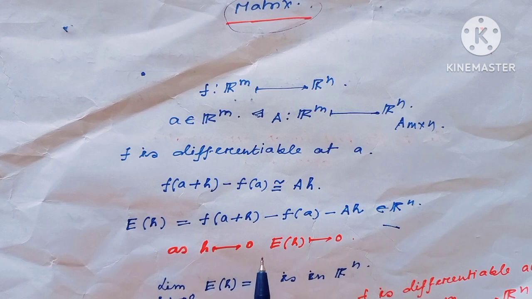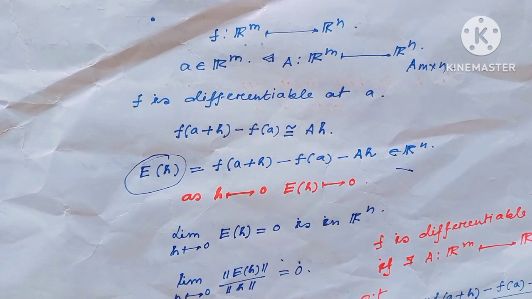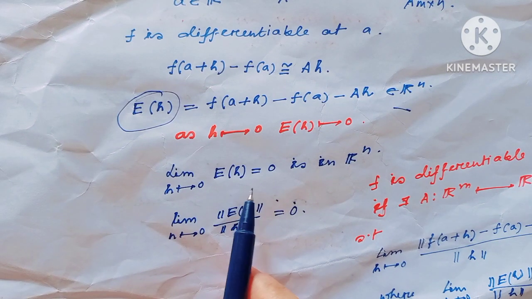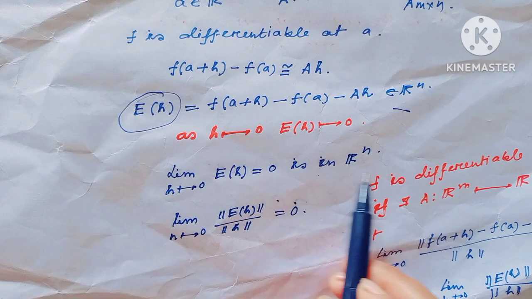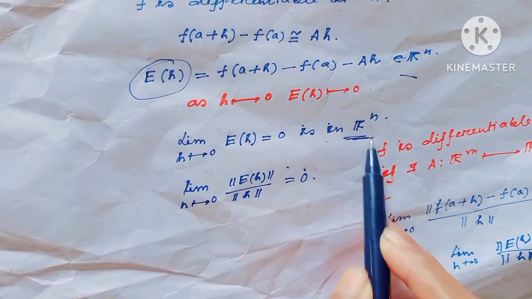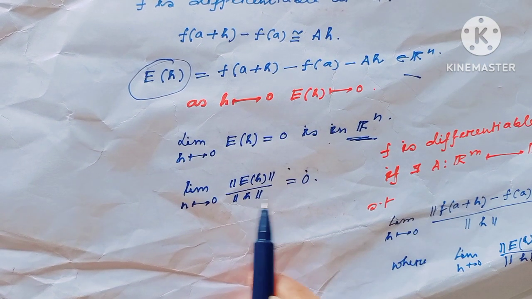As h goes to 0, E(h) goes to 0 because E(h) is the error term. That means the limit as h goes to 0 of E(h) is equal to 0 in Rn. And since this is in Rn, the limit as h goes to 0 of the norm of E(h) divided by the norm of h is equal to 0.